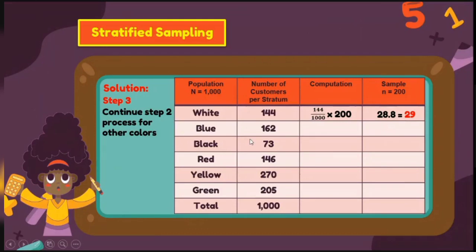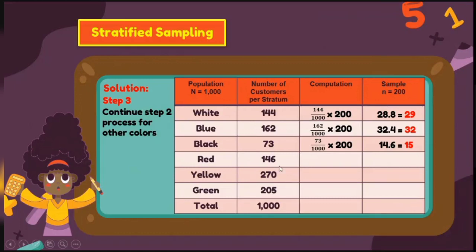How about for blue? Applying the same concept for blue, I have 162 over 1,000 times 200, and by performing the operations, I will have 32.4. So 32.4 is approximately 32 individuals. And then for black, I have 73 over 1,000 times 200, and then I will have 14.6 or approximately 15 individuals.